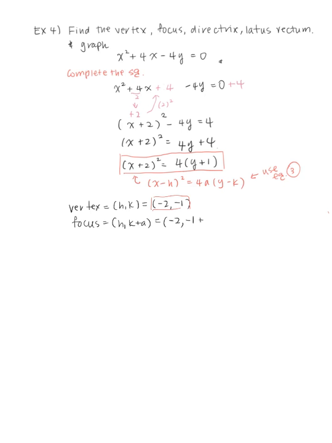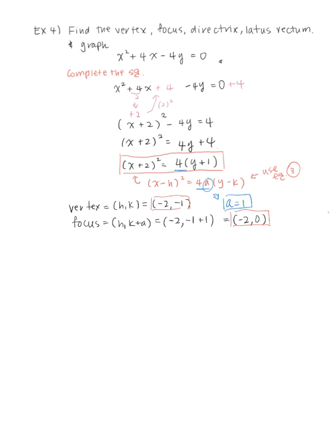Sorry, I forgot to compute the value of a here. How do you find that? You better have set 4 equals 4a. That implies that our a is going to be 1 again. So here you're going to have negative 1 plus 1, so (negative 2, 0). That's going to be our focus.